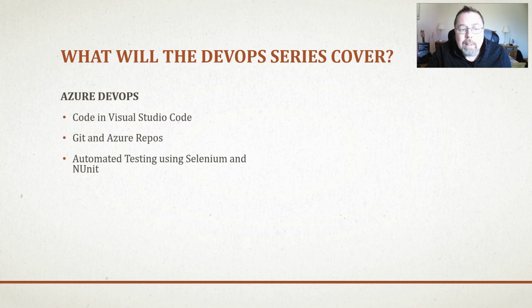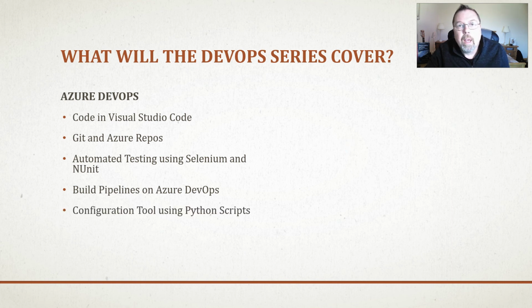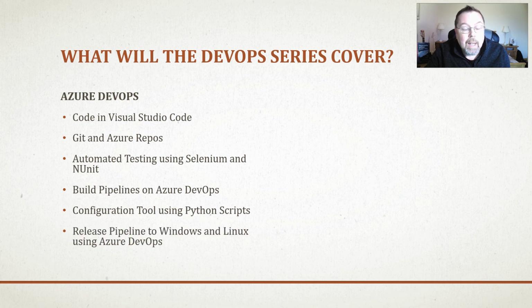I'll do some automated testing using Selenium as well as NUnit. And I'll use the Azure DevOps platform to set up a build pipeline, including some of those automated tests. And I'll use Python to write some scripts to do some configuration on a server. And then I'll create a release pipeline on the Azure DevOps platform to release code and packages to a Windows server and a Linux server.